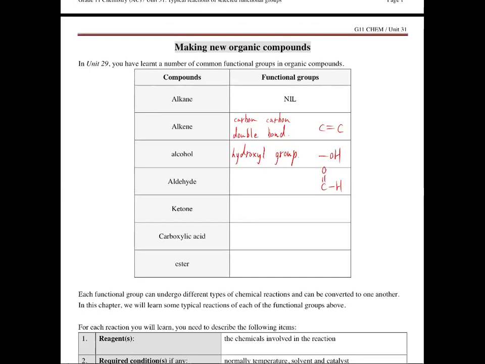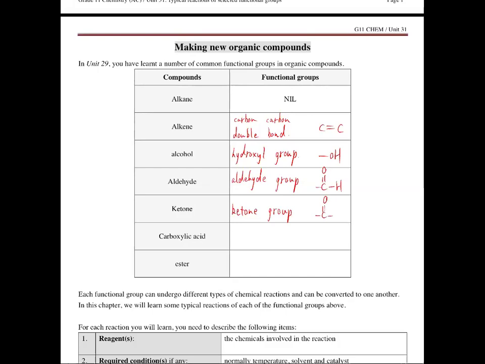For this functional group, we call it the aldehyde group. You can guess the next one. We have ketone, and the functional group we just call ketone group. For ketone, we write the C=O, and it should be at the middle of the carbon chain.